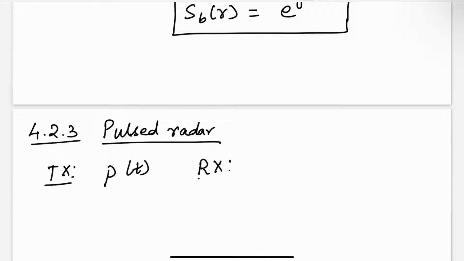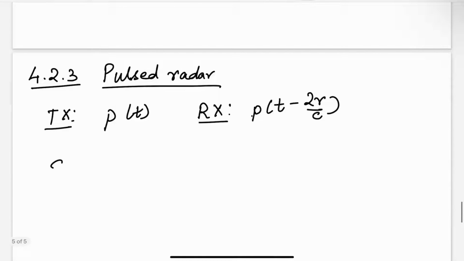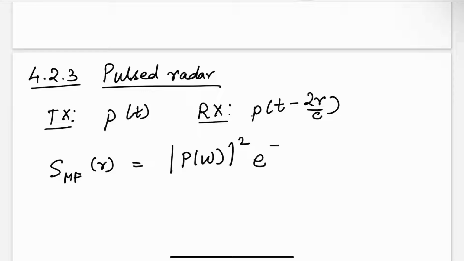And then the RX signal is simply p(t − 2R/c). And then we showed that after match filtering, the matched filtering response is |P(ω)|² times e^(−2jkR), where P is the Fourier transform of this signal.